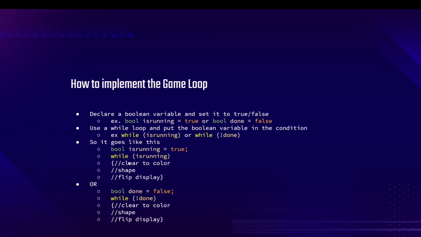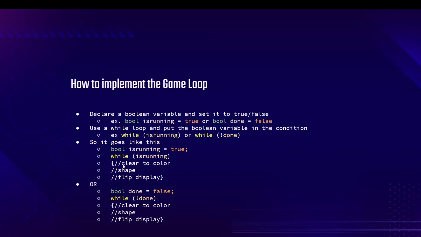And inside the while loop, you'll have to put in what's called an update and a render. But I don't have any update functionality or update code. That's going to be later on in the tutorial, once I go over events, basically keyboard input.